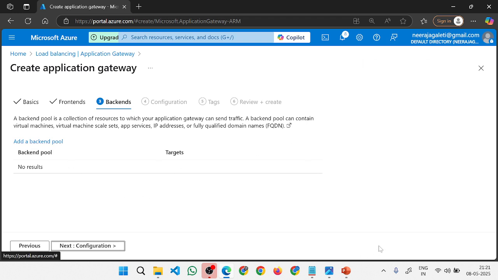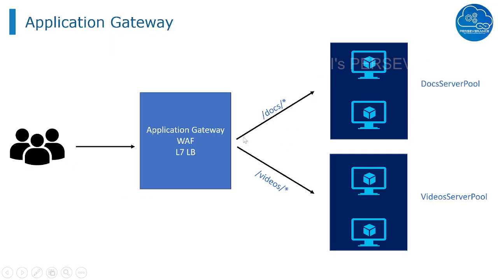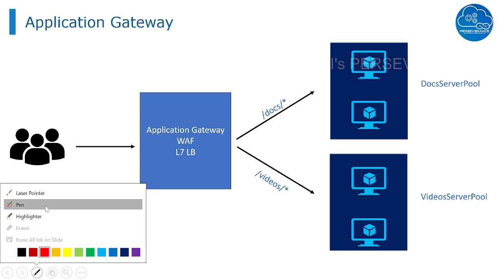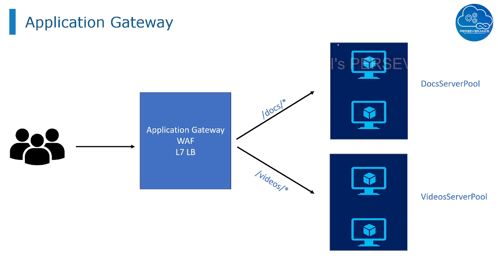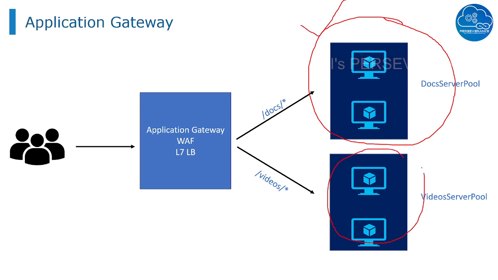Next, the backend pool. As discussed, as per the image, we have two machines available: VM01 with the docs app and VM02 with the videos app. So we are creating a backend pool named docs pool with VM01 in place, and another videos pool with VM02 in place.